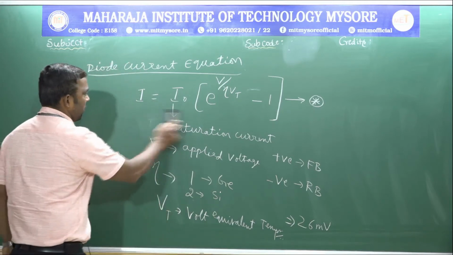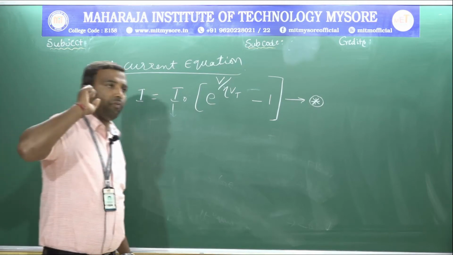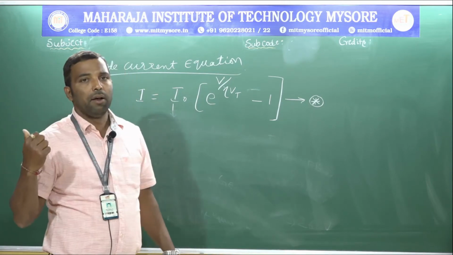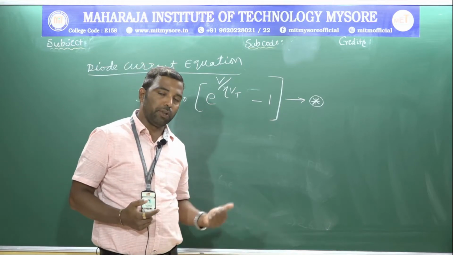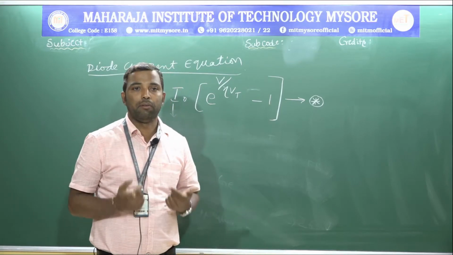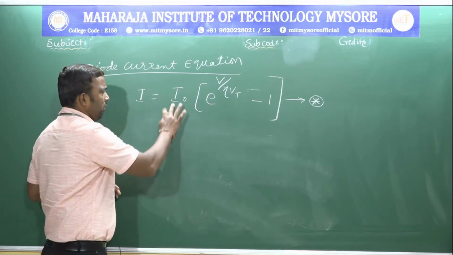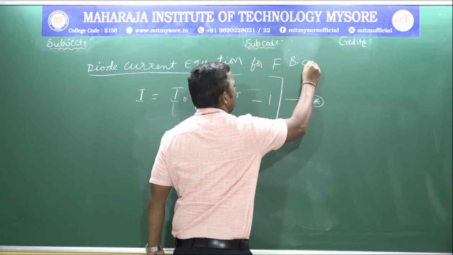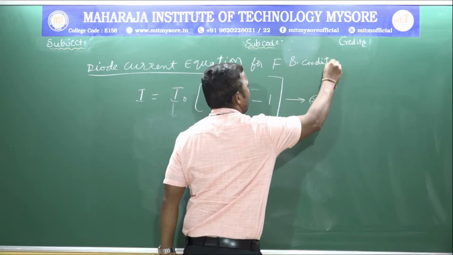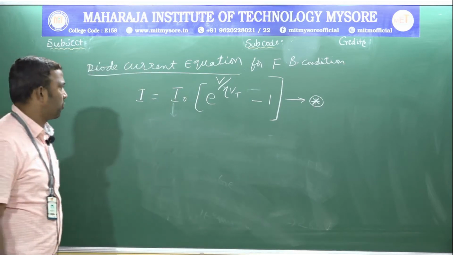First we will consider the forward bias condition. The P type of the diode is connected to the positive terminal of the battery and the N type of the diode is connected to the negative terminal of the battery, which is the forward bias condition. This is the diode current equation for forward bias operation.